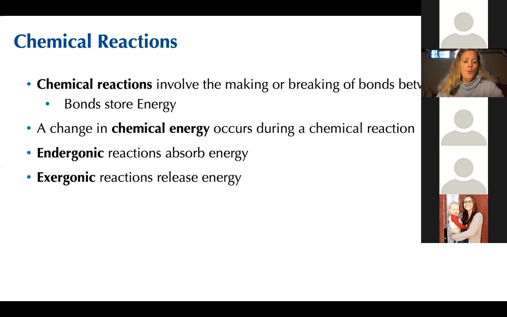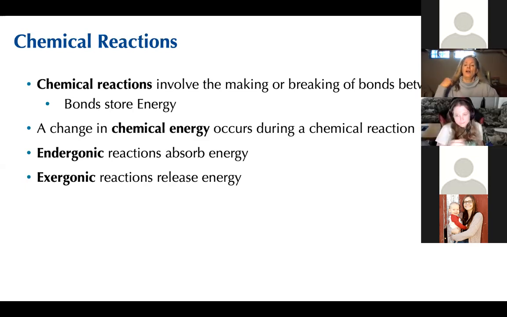When we are storing and building bonds, these tend to be endergonic reactions where we're absorbing energy and storing it in our bonds. When we have reactions where usually we're breaking bonds, we're releasing energy, and these are called exergonic.